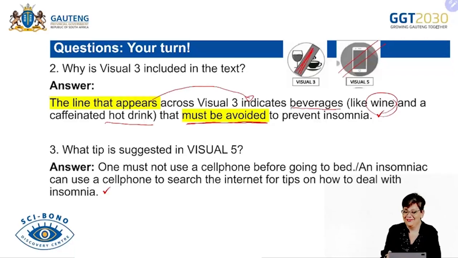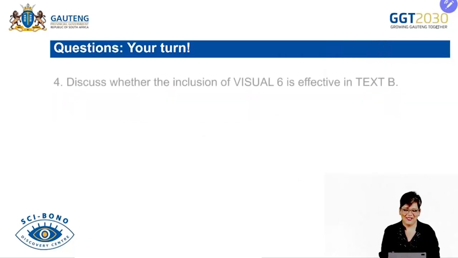Clever. Okay, so you can see the difference. If there was a line drawn through our mobile phone, it would definitely mean don't use your phone. But because there isn't one, I've got two options available to me. Okay, I'm sure you understand. Right, let's try the next one.